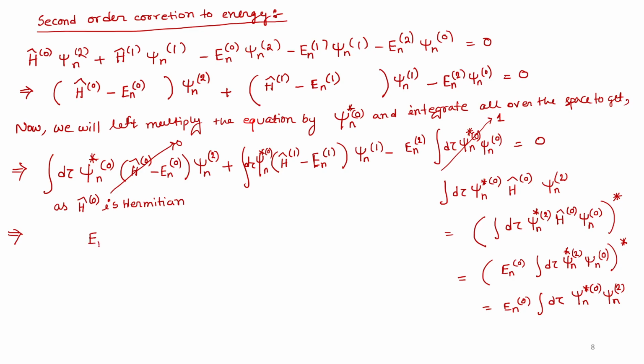I can keep it like this, en2 and the rest is 1, and this part I can write minus of d tau psi 0th star, right?